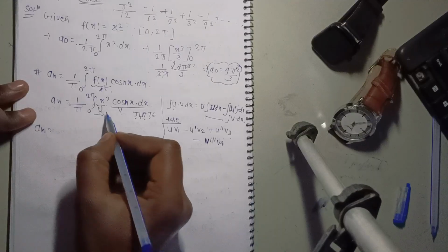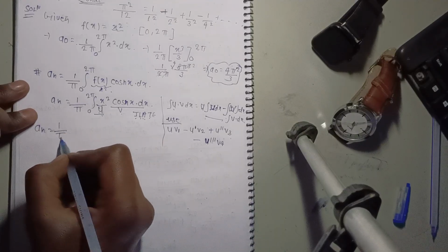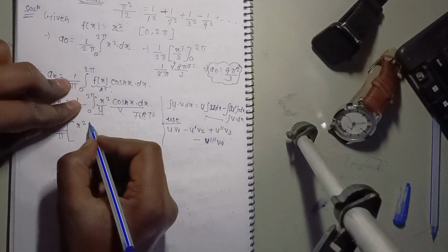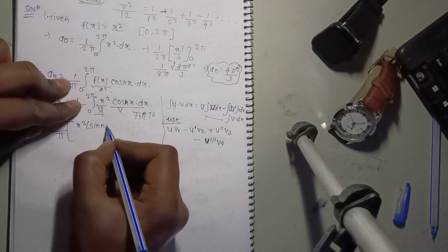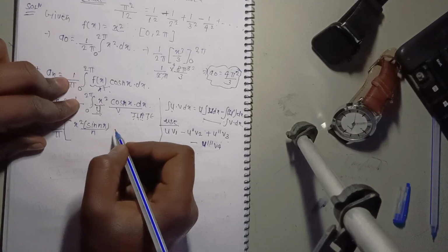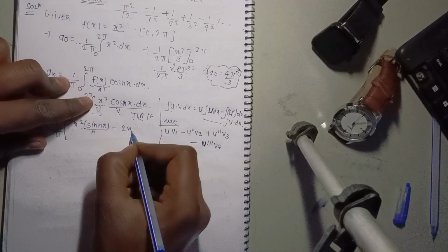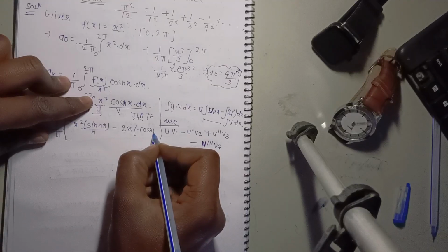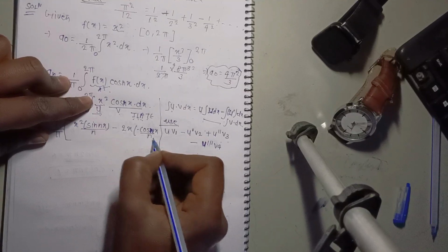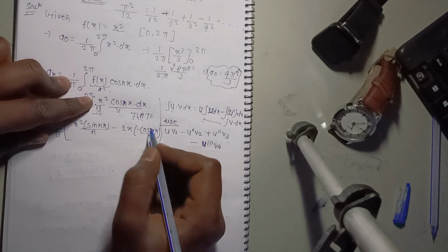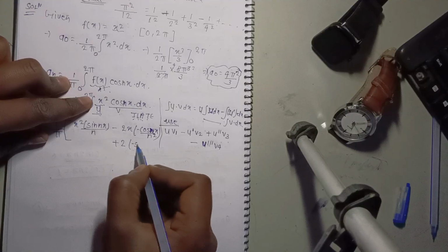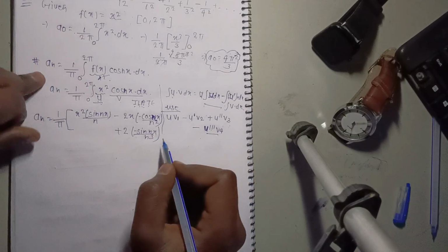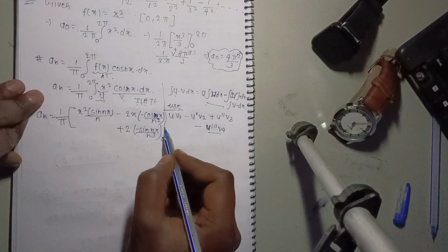Okay, so an is equal to 1 upon pi, x square as it is, differentiation of second, also integration of second, cos nx gives sin nx upon n, as you know n is constant, minus now x square differentiates to 2x, and this as it is, minus cos nx upon n square, plus 2 minus sin nx upon n cube, as according to this formula. Okay, so now put the limit from 0 to 2 pi.